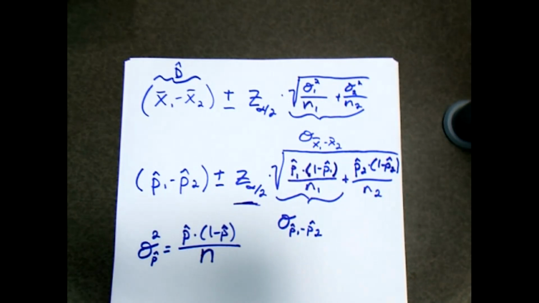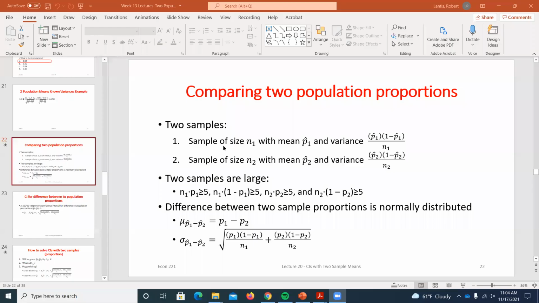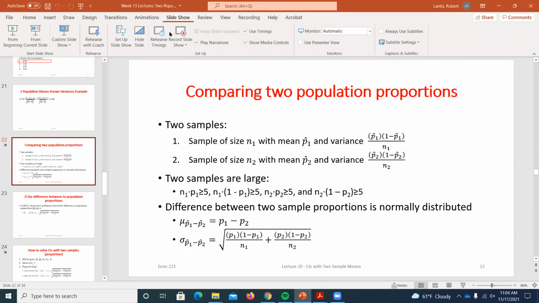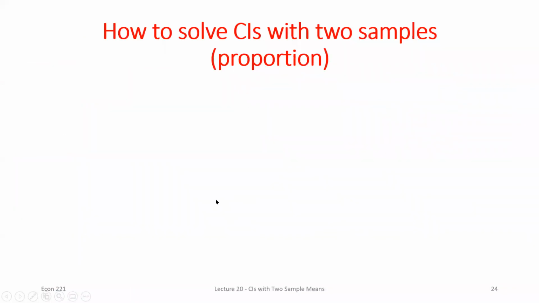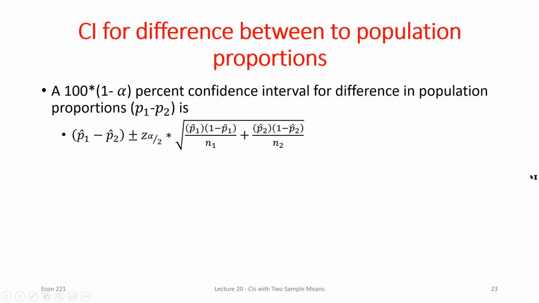Now, hopefully we're using the same alphas, so we should start seeing the same z-values pop up over and over again. That's how we arrive at this confidence interval equation. Oh, and I'll show it to you guys on the screen here.